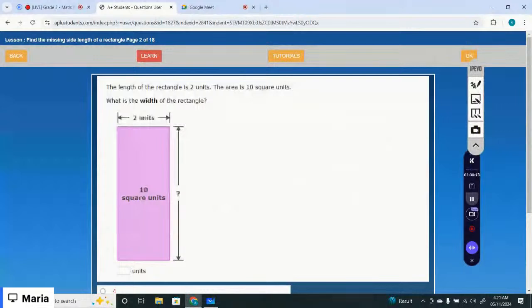The length of the rectangle is 2 units. The area is 10 square units. What is the width of the rectangle? Two times what number is 10?